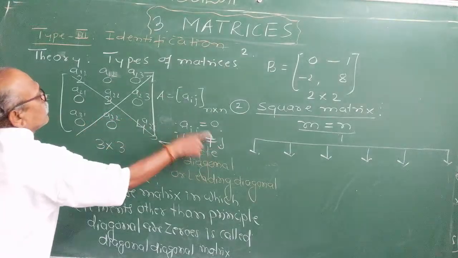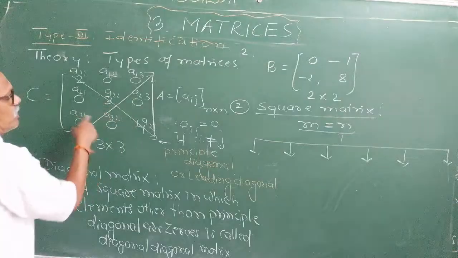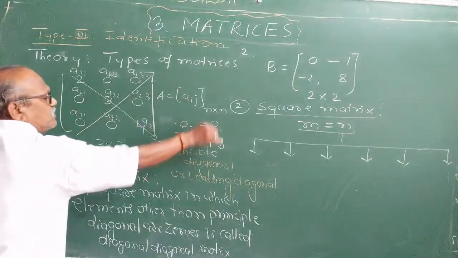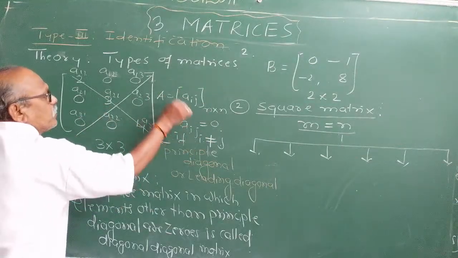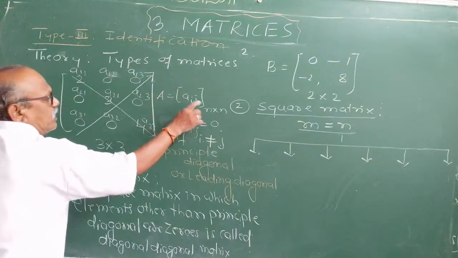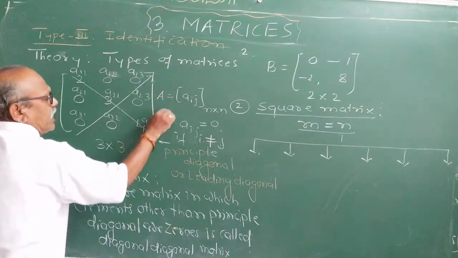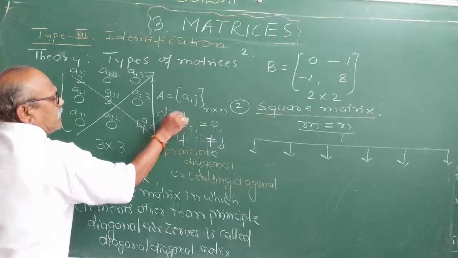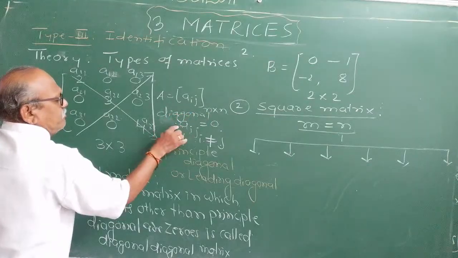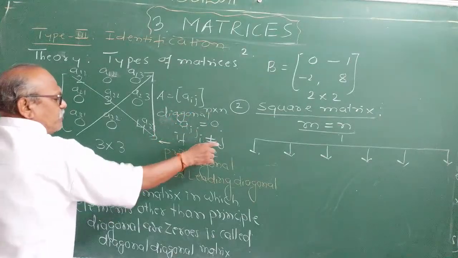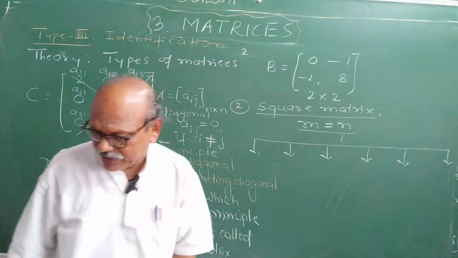Here i is not equal to j. If i and j are not equal, then all those elements will be zero. This matrix of order n by n is a diagonal matrix if Aij is equal to 0 if i is not equal to j.